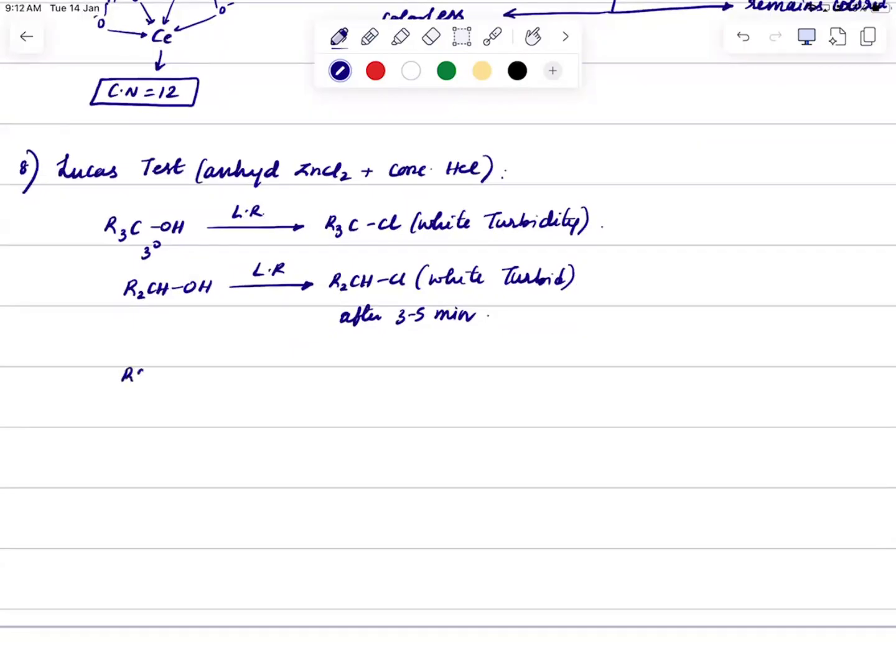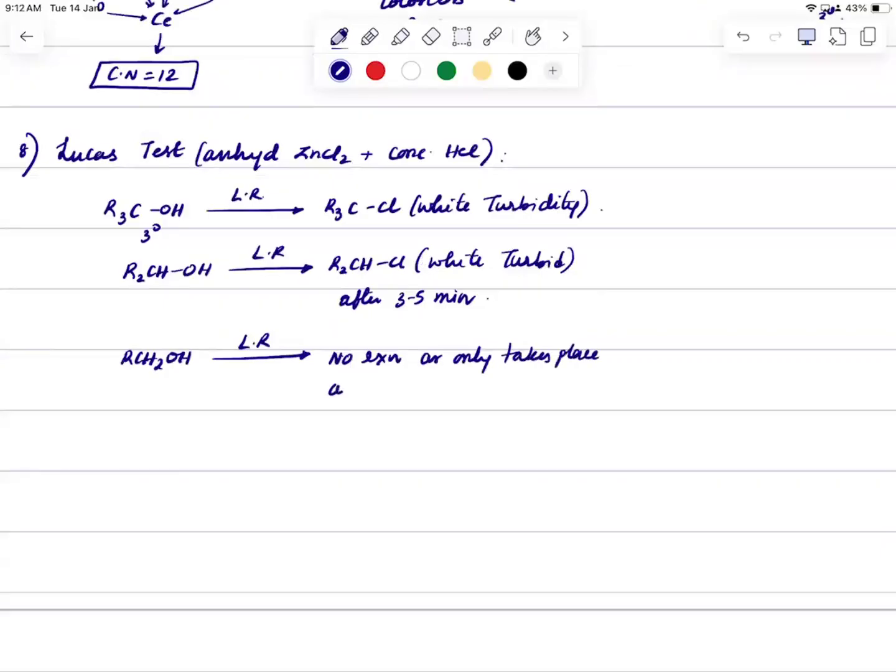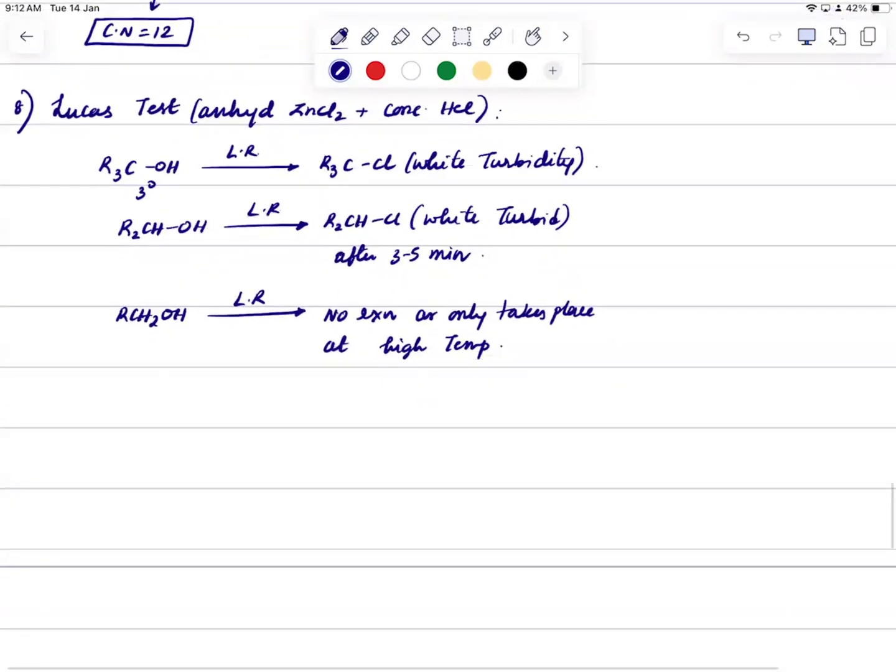And if it is primary, RCH2OH with the Lucas reagent, then there is no reaction, or it only takes place at high temperature, but you will not see any precipitate forming.